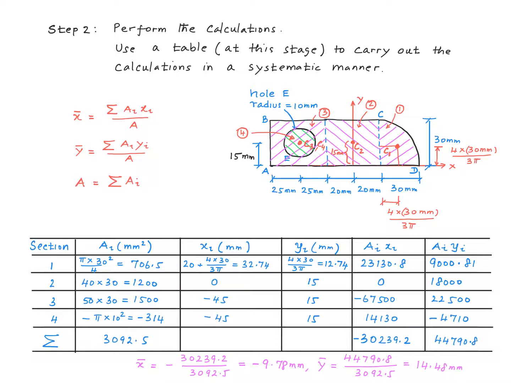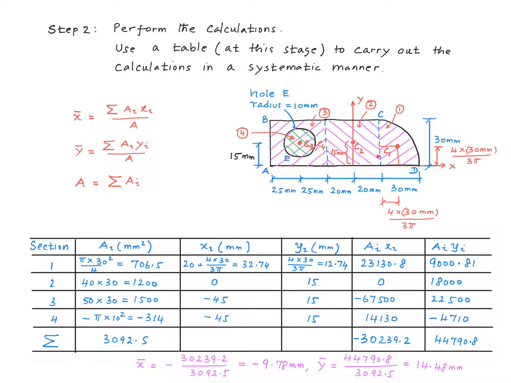centroid 4. How did I come up with 45? Well, that's 20 here plus 25, right? 45. Put a negative sign in front of that. Now you can see all of these centroids lie on the positive side of the y-axis, and therefore the y-coordinates are all positive for them.